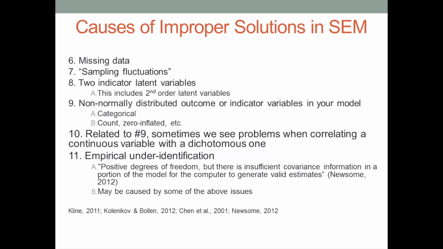Sometimes we see problems when correlating a continuous variable with a dichotomous one. And sometimes we have something called empirical under-identification, where you do have positive degrees of freedom, but there's a problem with your data that's causing a problem, and it could be one of these above problems that I've mentioned.